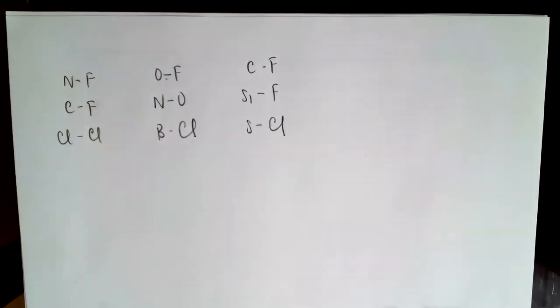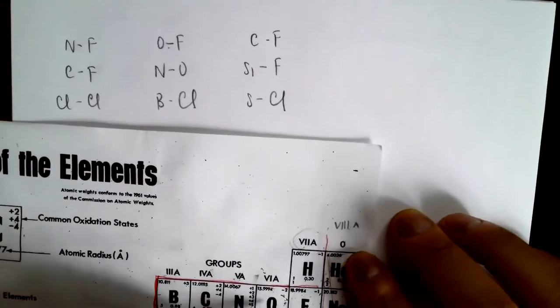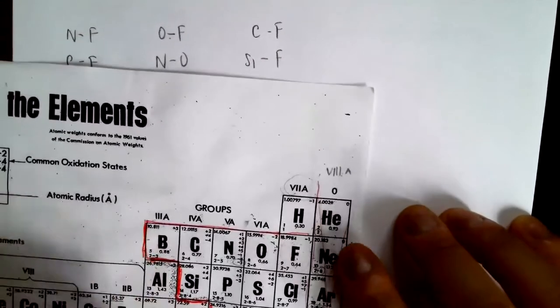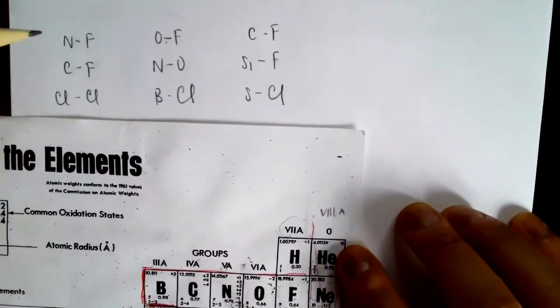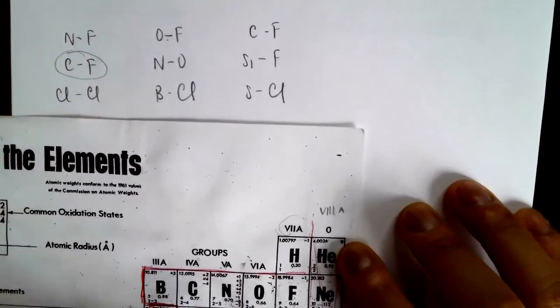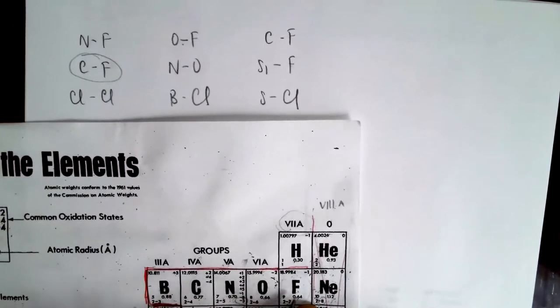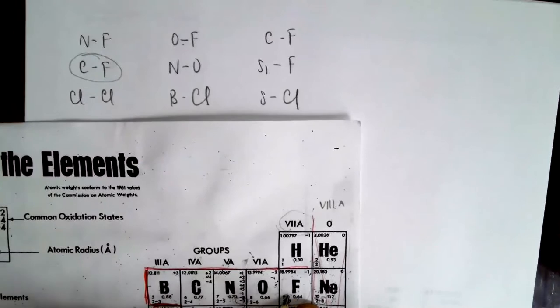Here, definitely I have to use the periodic table. NF has a difference of 2, using the periodic table, not the values of electronegativity. So NF and CF, which one is more polar? Definitely CF is more polar, because carbon and fluorine are 3 elements away, whereas nitrogen and fluorine are 2 elements away.